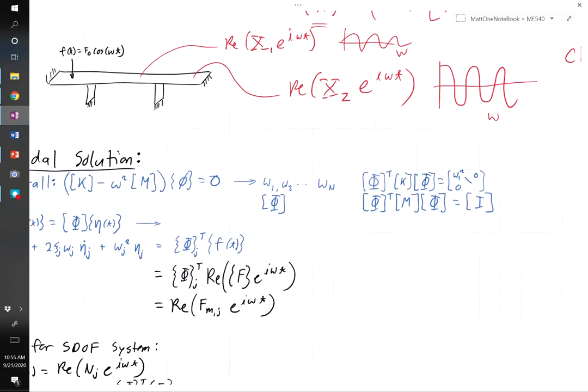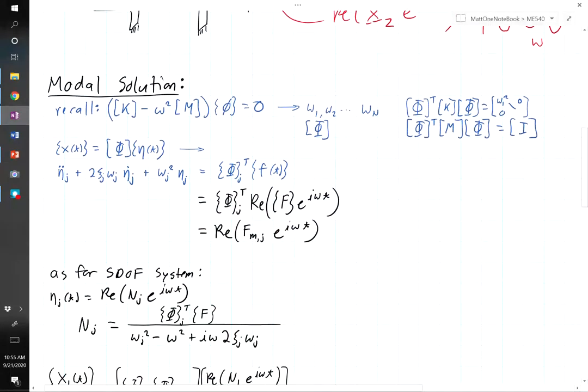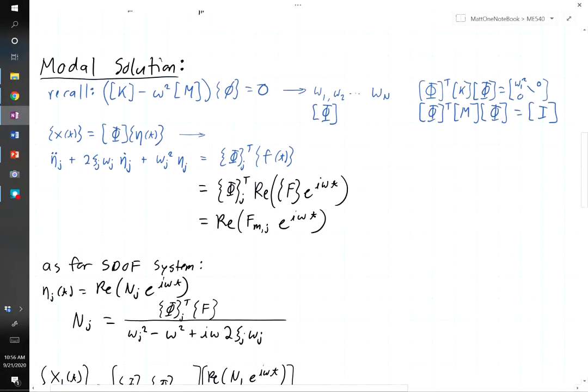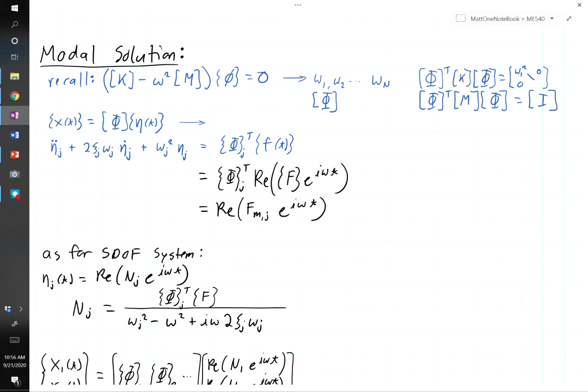And so if we want a little more insight, what we'll do is we'll think about solving this in the modal domain. And just as a recap, we find the modes of vibration, the mode shapes phi and the natural frequencies omega by solving this eigenvalue problem here.